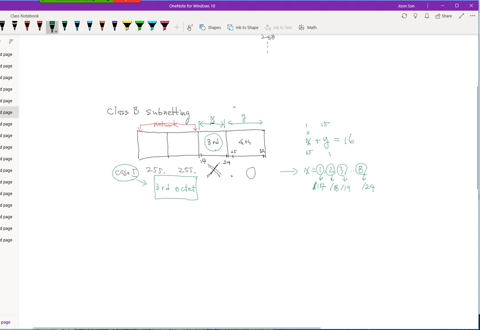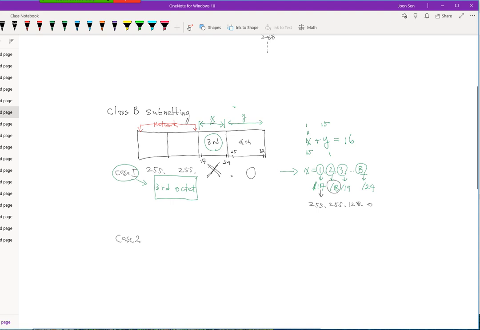And then for case number 2, let me give you one more example for case number 1. If it's a slash 17, my subnet mask is 255.255.128.0.